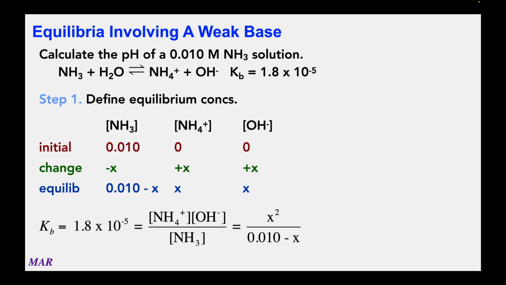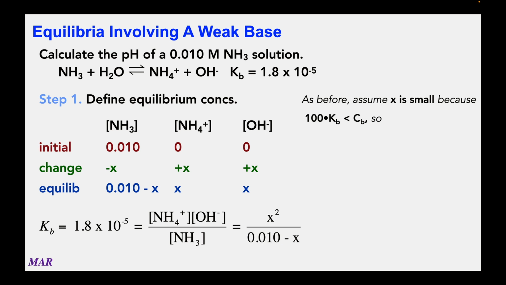Once again, this is the complete expression, but we'll check here and see if we can do an approximation where we can remove that little minus X from the 0.010. Just like with the acids, you can check the bases too. If 100 times Kb is less than Cb, you can ignore that little minus X. So 100 times 1.8 times 10 to the minus 5, the Kb, is 1.8 times 10 to the minus 3.